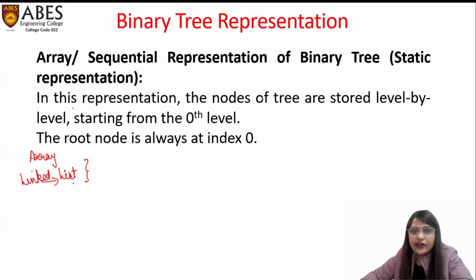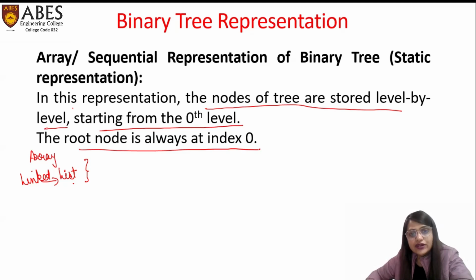The one important point to be noted here: the nodes of a tree are stored level by level. Okay, we have to start the level from 0 and the root node will always be stored at index 0. Let us consider an example.